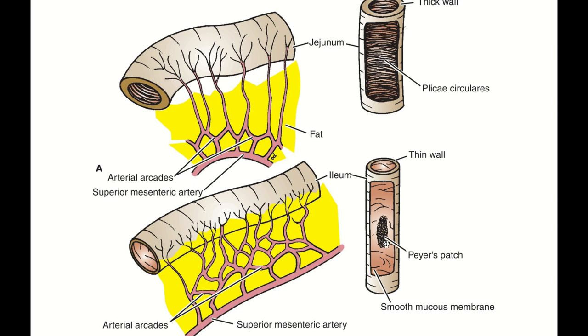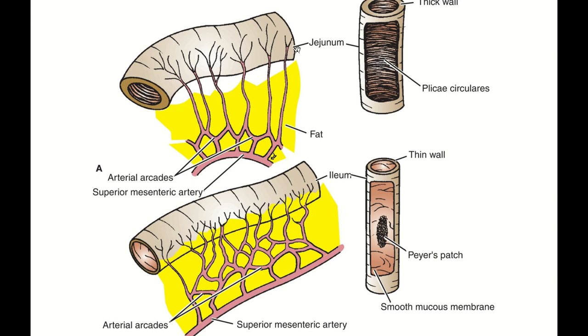You can appreciate these Peyer's patches, abundant on the antimesenteric border of the ileum. Take note of this: antimesenteric border of the ileum. And you can see these permanent mucosal folds, the plicae circulares, closely packed and abundant in the jejunum.